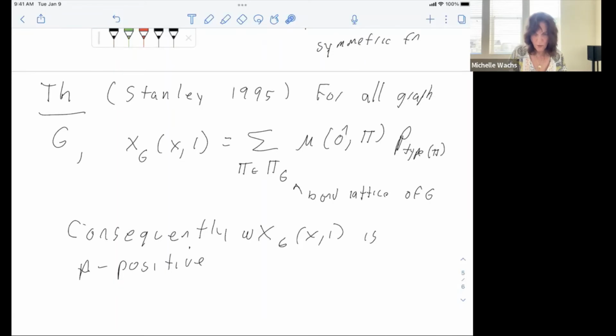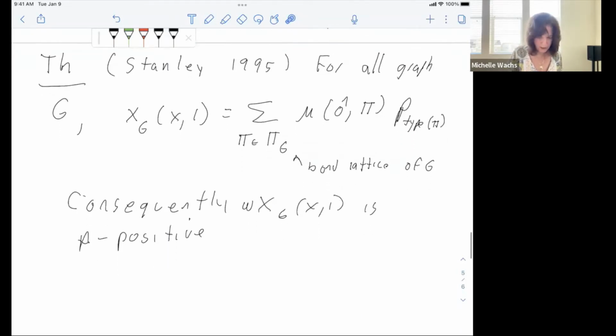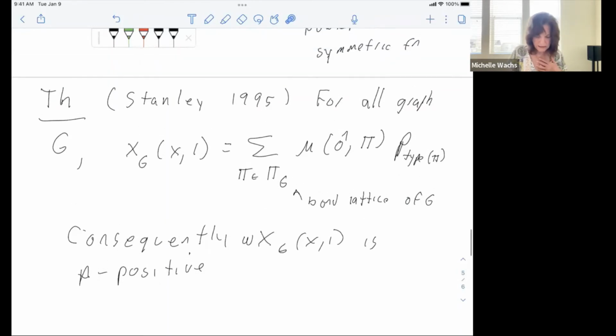I don't know a way to generalize this very pretty result involving the bond lattice, but we found some other way to expand when there's a general t in the power sum symmetric functions.